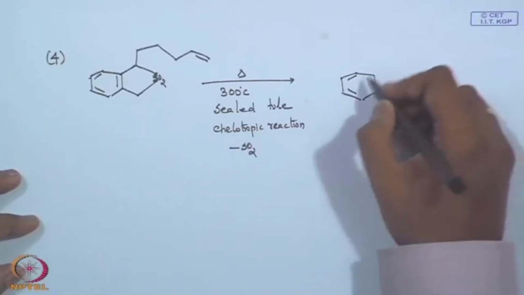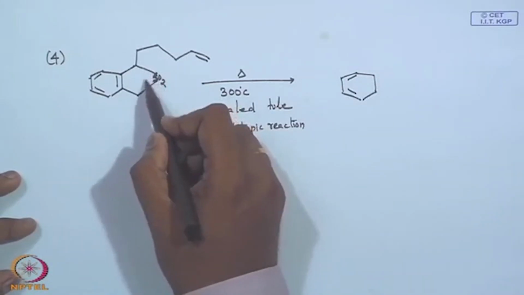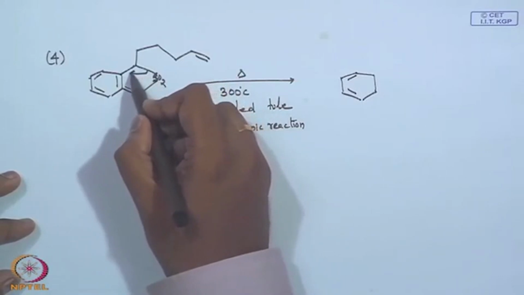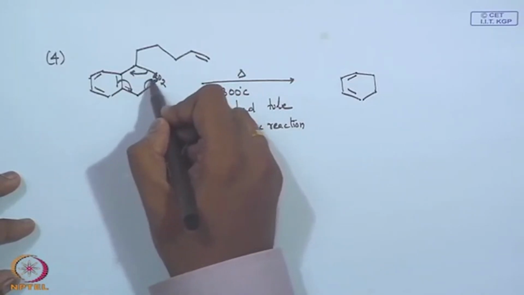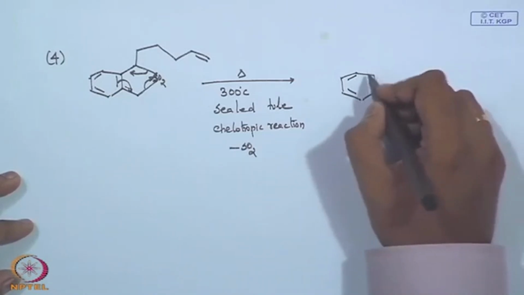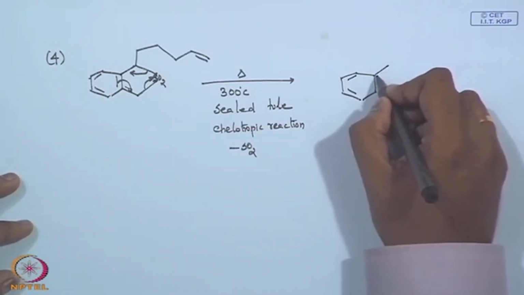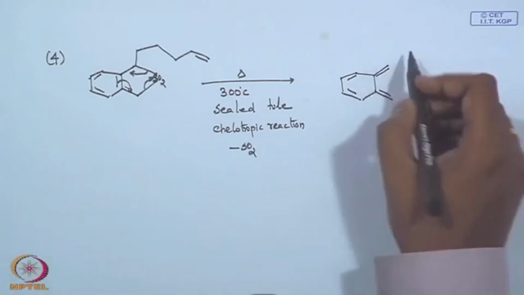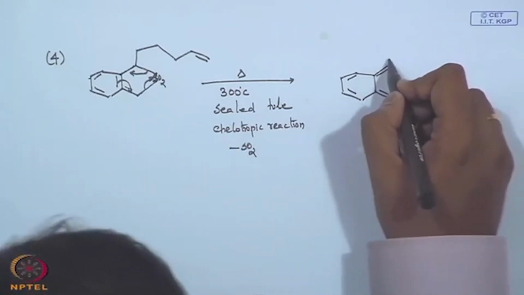a very nice product. See, now again, once it eliminates, you are again getting a very nice diene system. Plus you can write your other molecule.